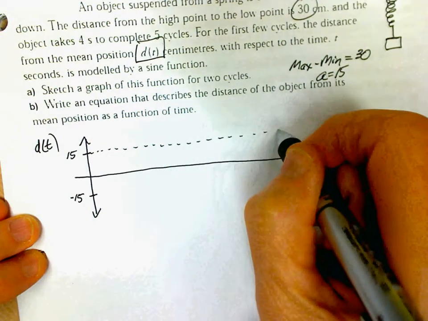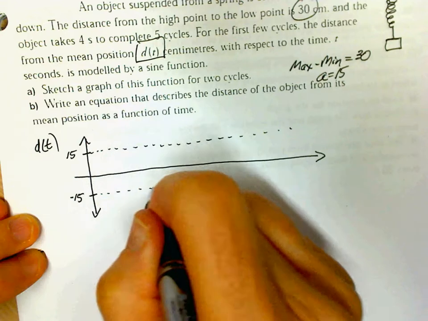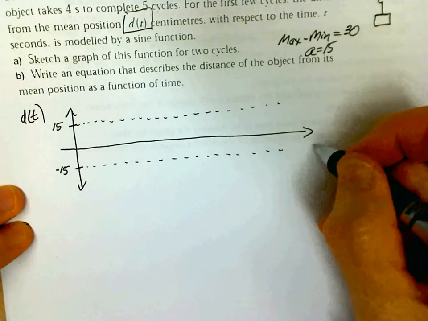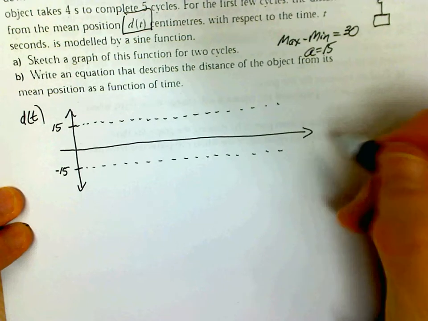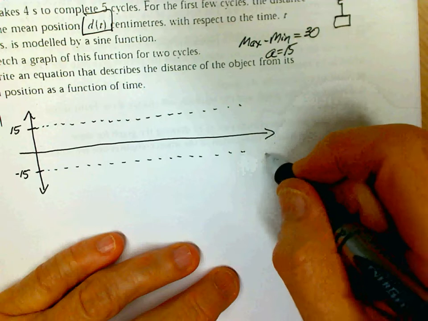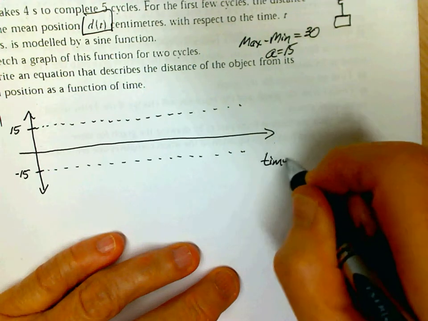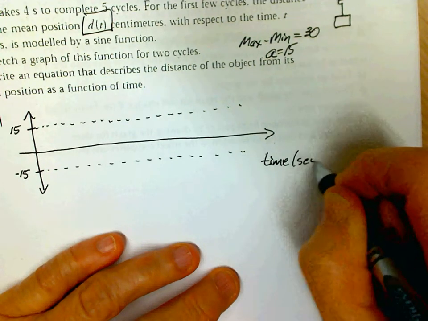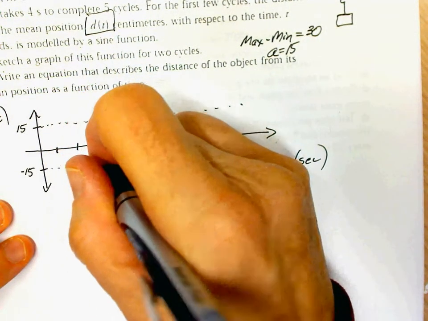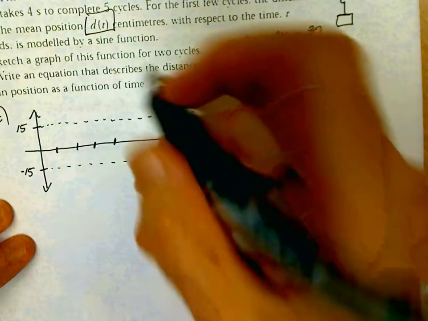So this is time, and let's look at the time will be in seconds, right? We'll do a couple of cycles. Oh, they want 2 cycles. Okay.